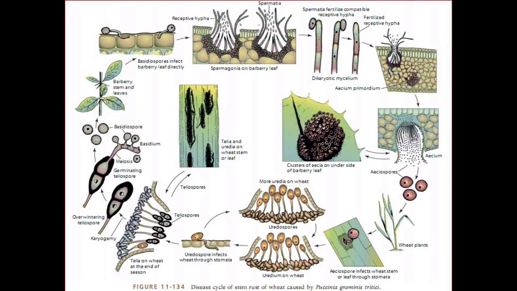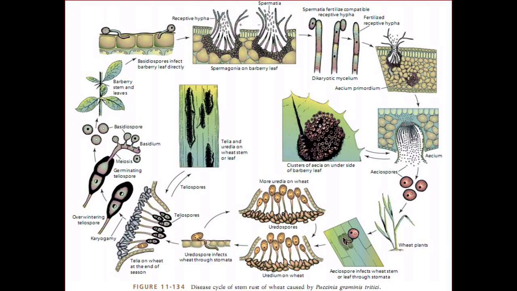and on that barberry crop it again produces pycnidium on the upper surface of leaves, and after diploidization or spermatization it produces aecial primordia on the lower surface of leaves. You can see at the top of this image the basidiospore which infects these barberry plants, and after infection it produces a pycnidium.